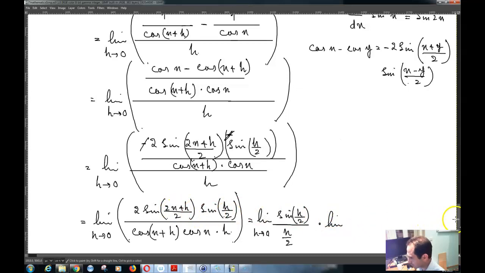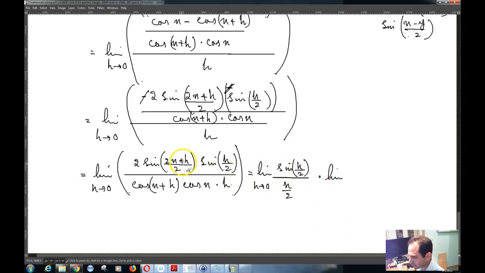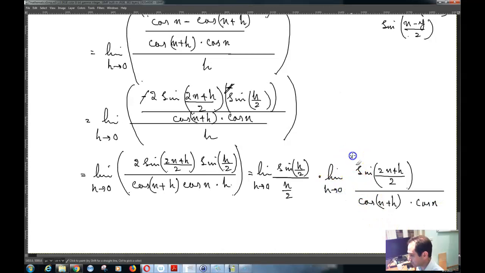So the limit of sine of (2x plus h) divided by 2, over this whole thing, cos of (x plus h) times cos of x, as h tends to 0.